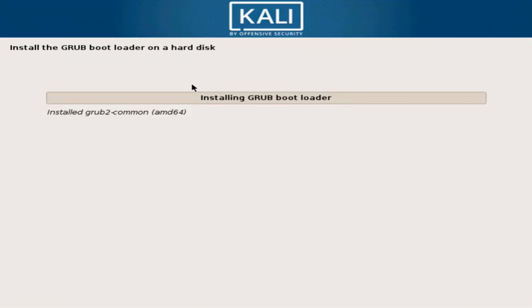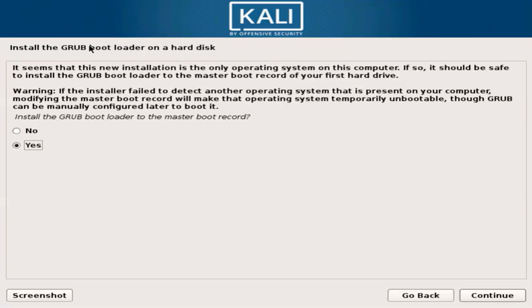Now the grub bootloader will get installed in your system. It will take a few minutes, so I'll skip this too. Click yes, because on clicking yes, the grub bootloader will get installed.